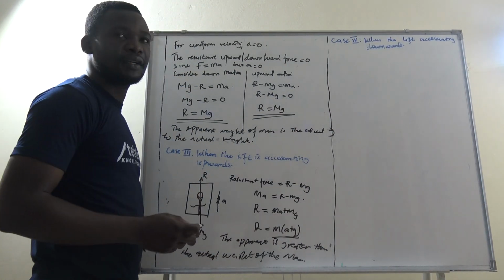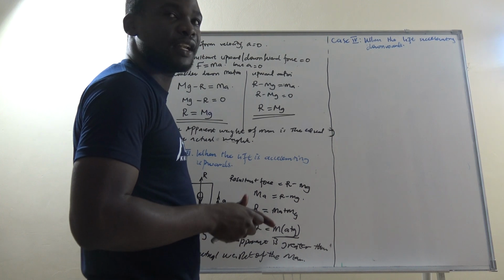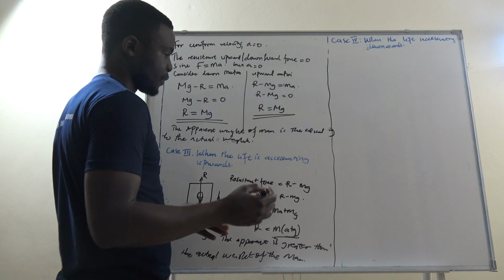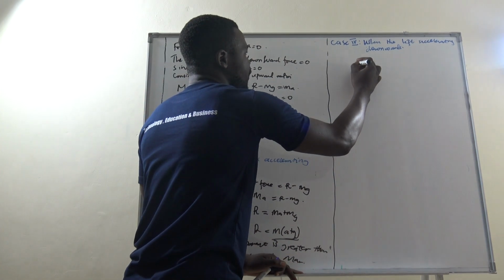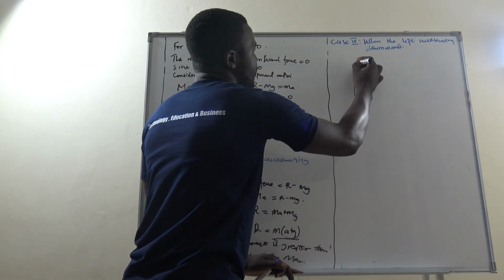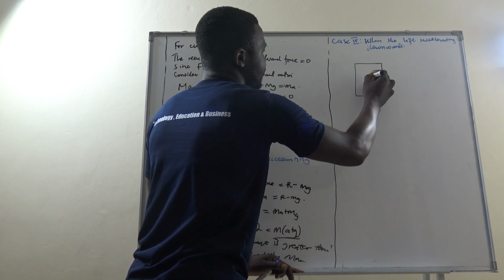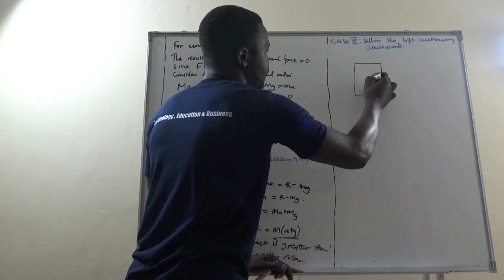Now, if the lift is accelerating downwards, what happens? Let us begin by sketching again. We sketch. This is the lift, and this is the man in the lift.